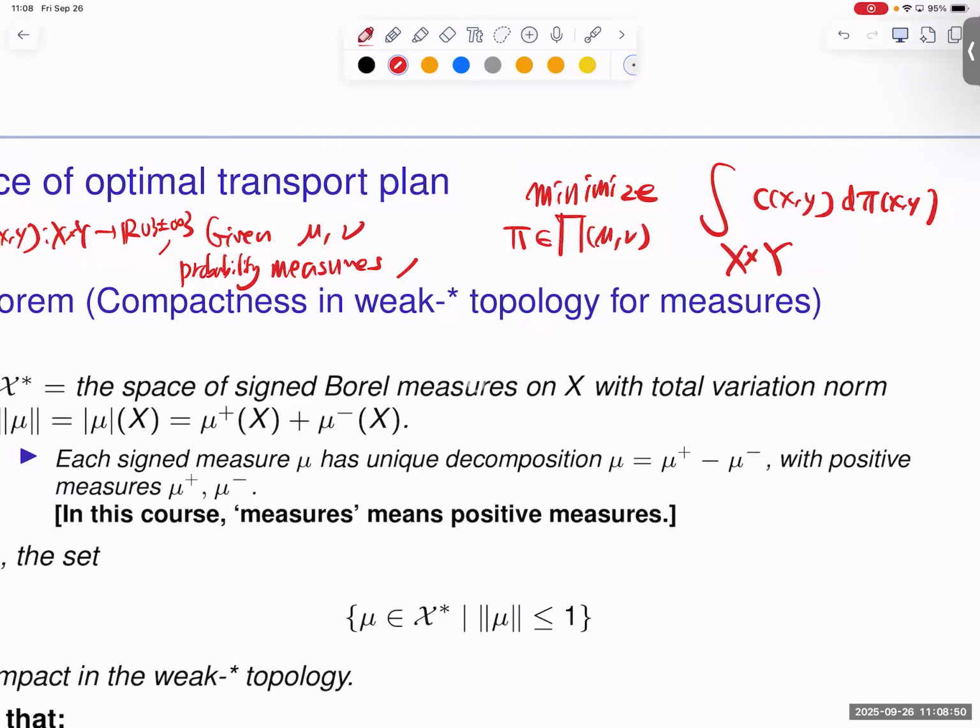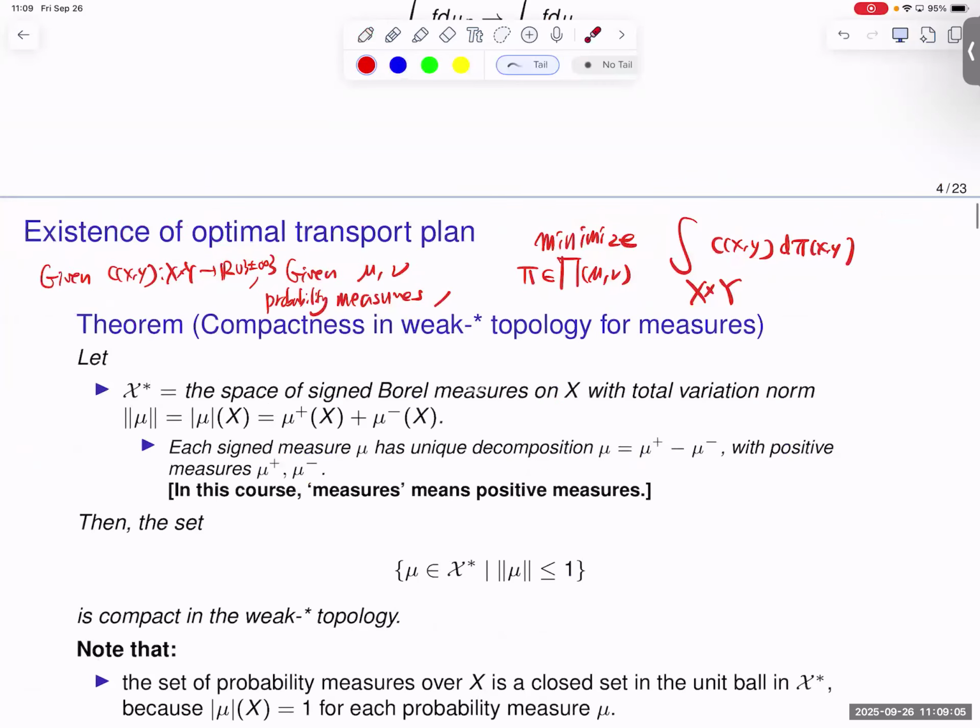These have some nice structural properties, and having that, we can develop some nice theory. That's what happened during the last, I think, 30 years. Okay, thank you.